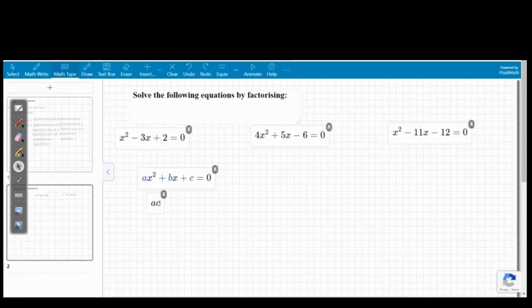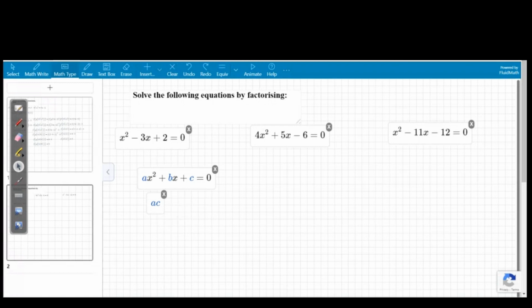The next thing we do is to find the factors of AC such that when we sum these factors, it should result in the coefficient of x, which is b. So we are going to use this approach to solve these questions.